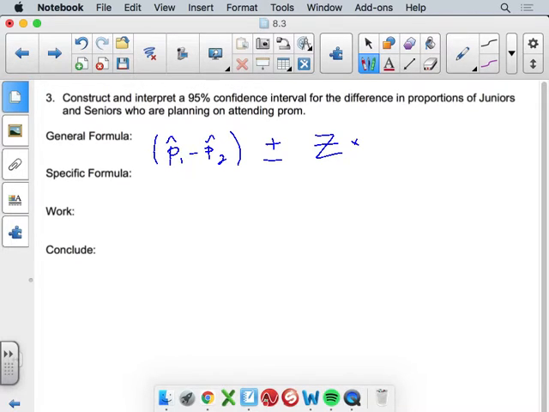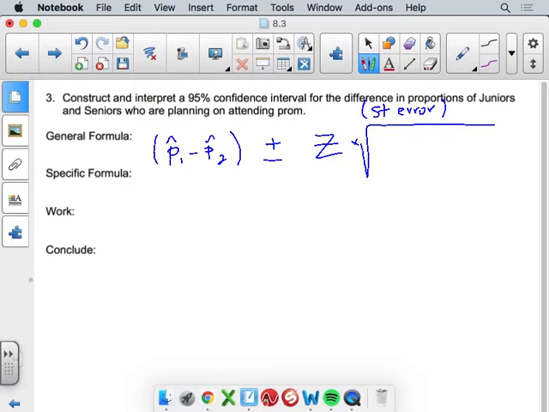times the, I'll write it up here and then I'll write the formula. So times the standard error. And on your formula sheet, on the back side, for two proportions, two populations, it's got a formula for us that we just need to plug into.